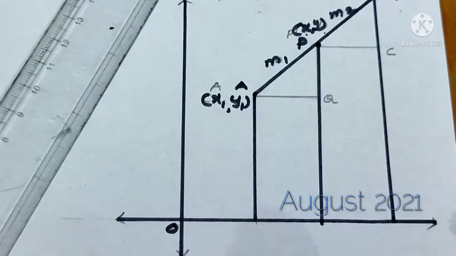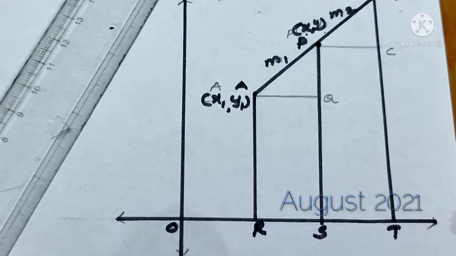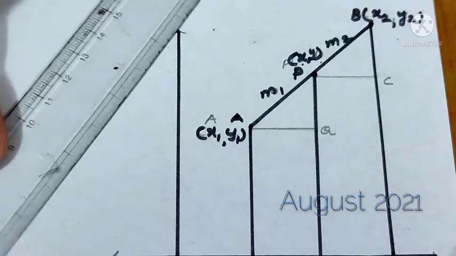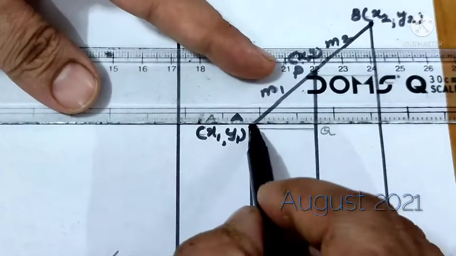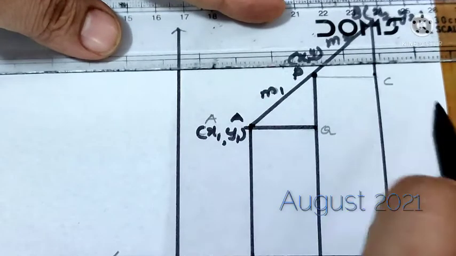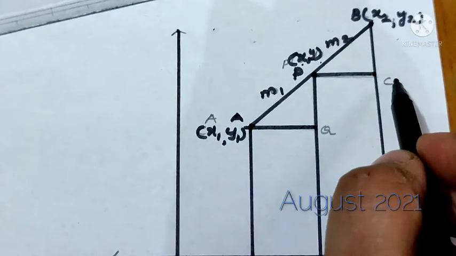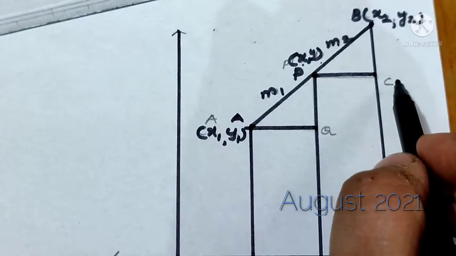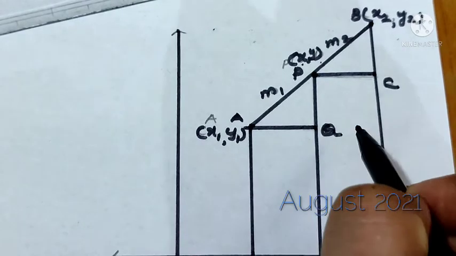The first three perpendiculars we have drawn, let the points be R, S, T. Again in the same way we have to draw the perpendicular from A to PS, that is AQ. Similarly from P to BT, that is PC.